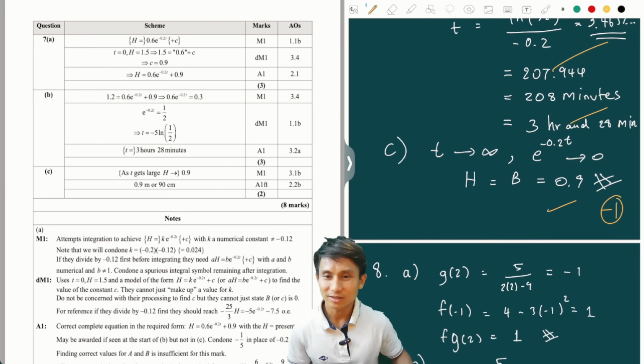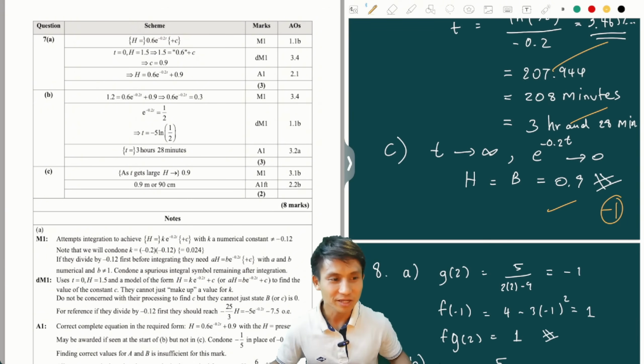I mean, actually, let's look at the question, right? See if it actually wants the unit or something. Is this question 7? Okay. No, it doesn't want any units.